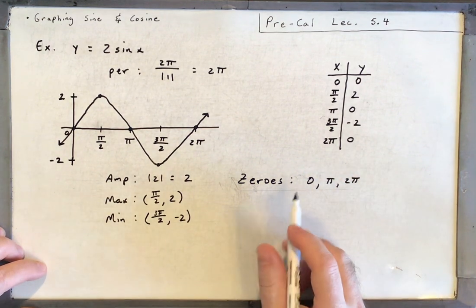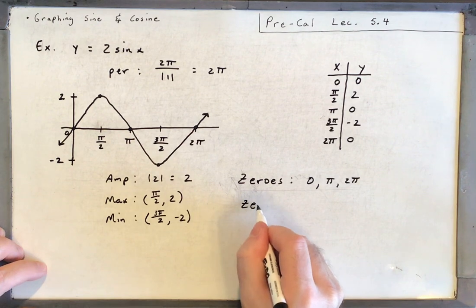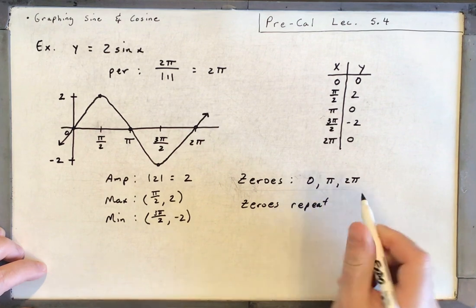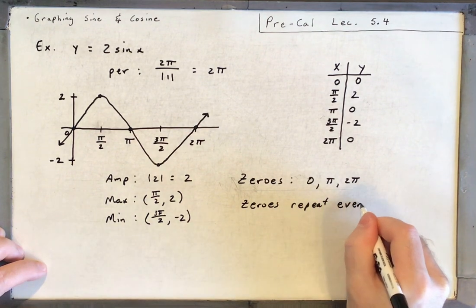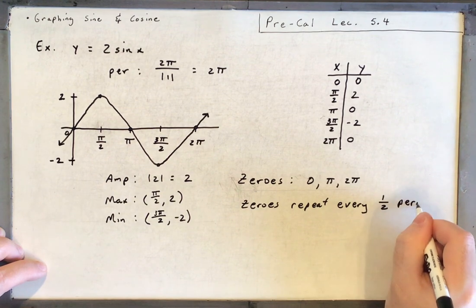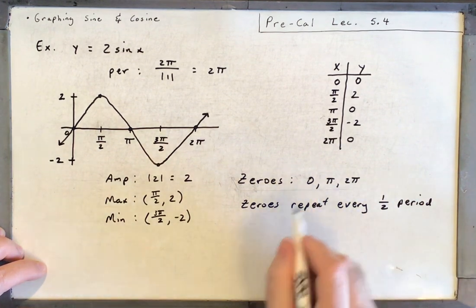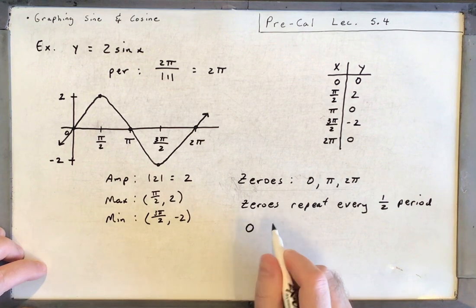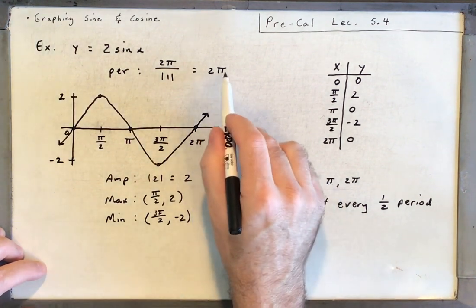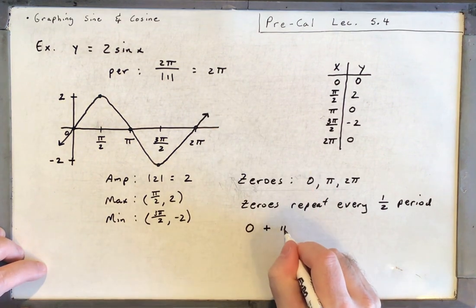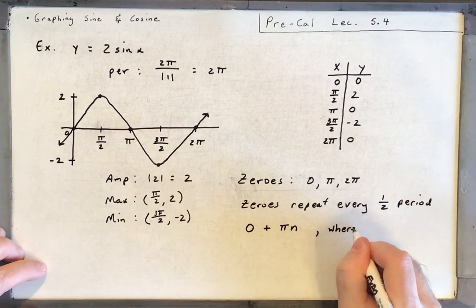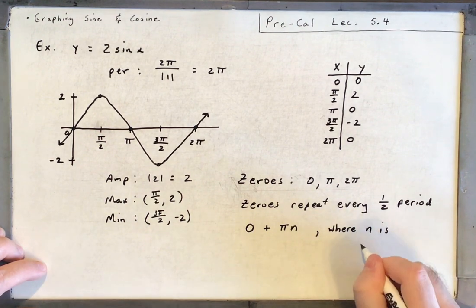Zeros occur or repeat, and I'm going to have you write this on the next page, every 1/2 of a period. So you can just start at 0 and say zeros are 0 plus, period is 2 pi, so half of a period would be pi, and then times n, where n is an integer.